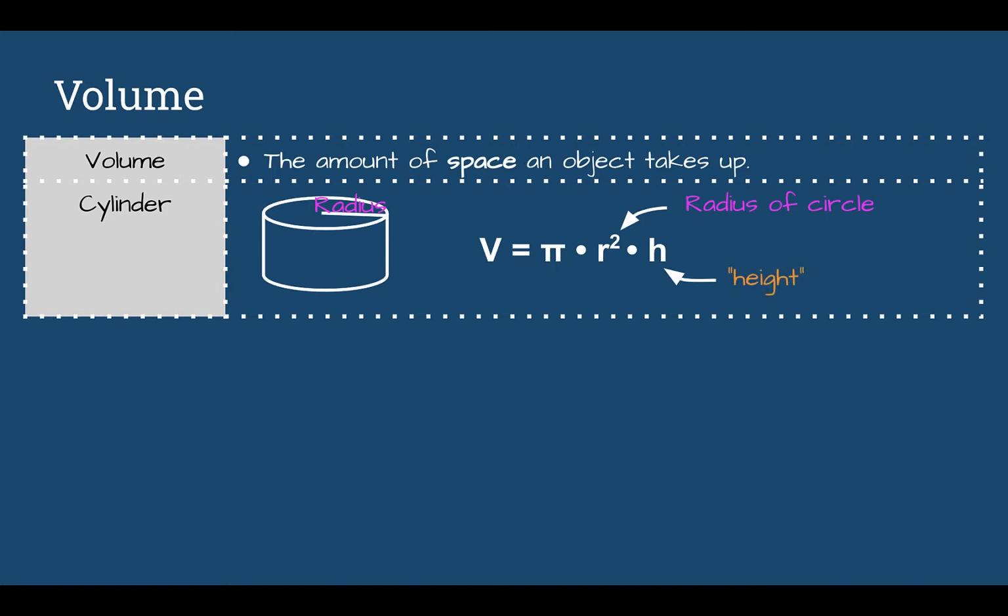Now, here I put height in quotation marks because it's not necessarily always how tall the cylinder is, because if the cylinder was tipped on its side, then it would be how long the cylinder is. So either way, it's how far it is from one of the circle bases to the other circle base.